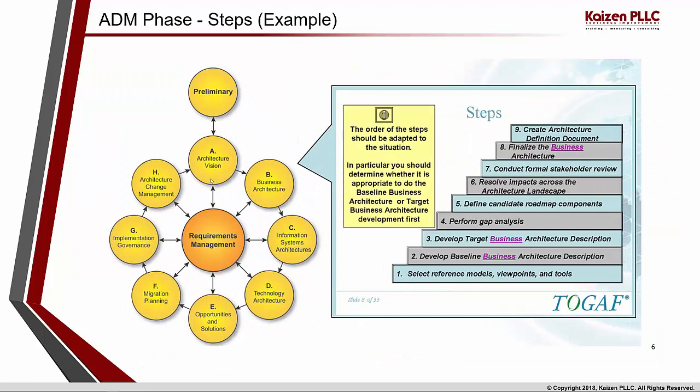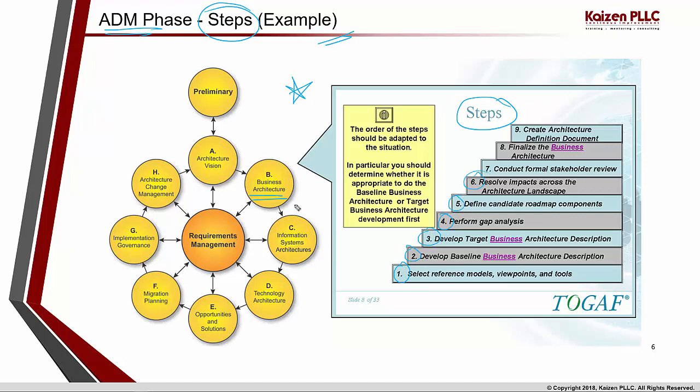It could be made up of one phase or multiple phases, or within the phase, skipping the phases, etc. What you see here is an example of the steps which are provided by every ADM phase. In this example, what you see is the steps provided by the business architecture. So these are those steps which the standard provides from a reference perspective. It is not mandatory that you need to follow all the steps which have been provided here.